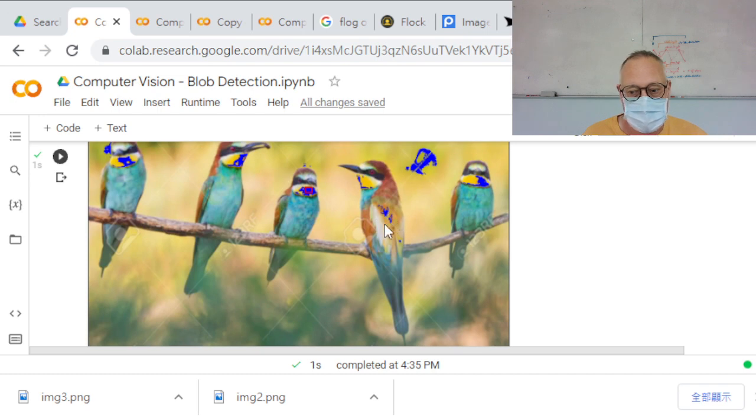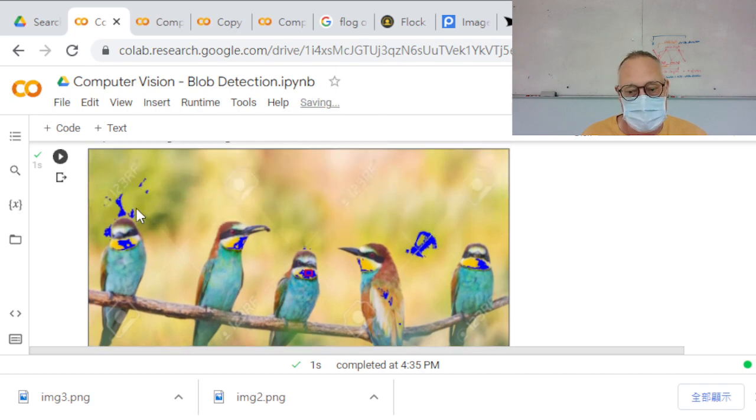You can also see some false positives in here, the plumage, but also in the environment out in the back here.